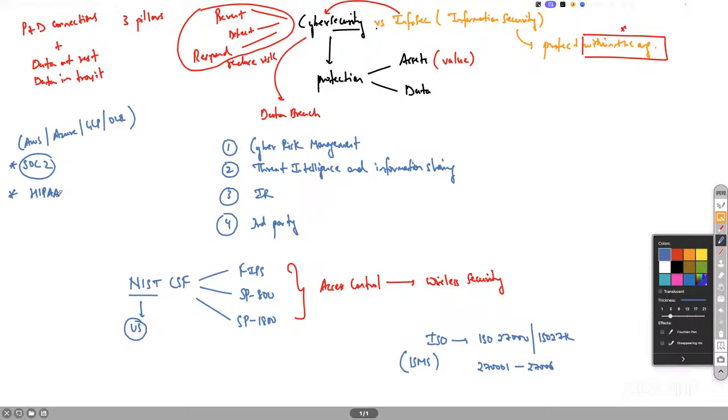HIPAA defines how you would implement controls for securing and protecting the privacy of health information. We call it PHI, Protected Health Information. Patient name, patient records, their diagnosis, medical reports, investigation reports, all of that is confidential data that just belongs to the patient.